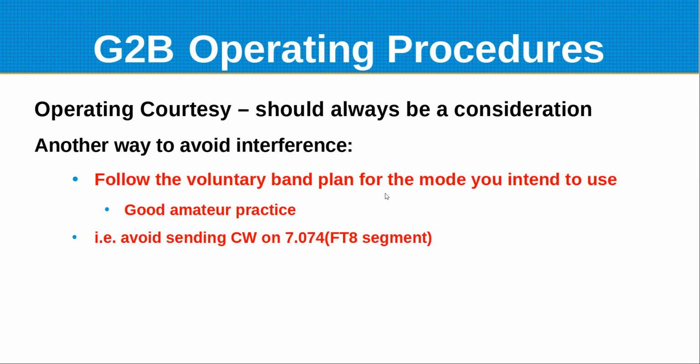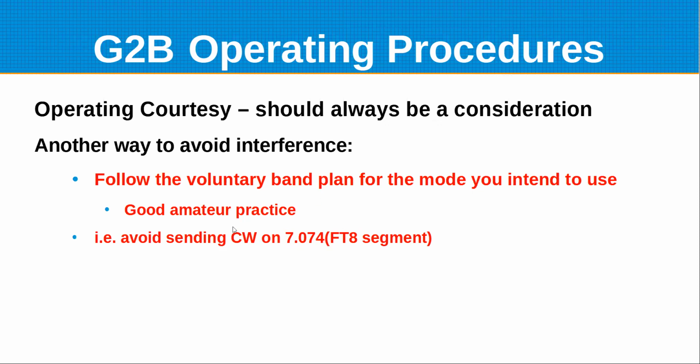I bet you Bob put that thing in about avoiding 0.074. Yeah, we don't like CW people on FT8. Messes up the waterfall. Besides, I usually have the audio where I can hear the meow, meow, meow. It's just electrons. Yeah, that's true.